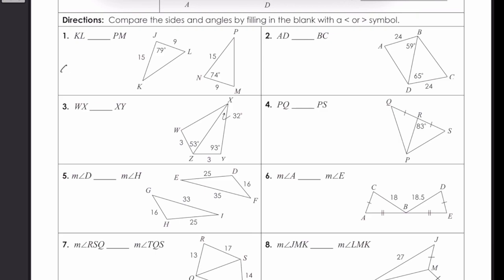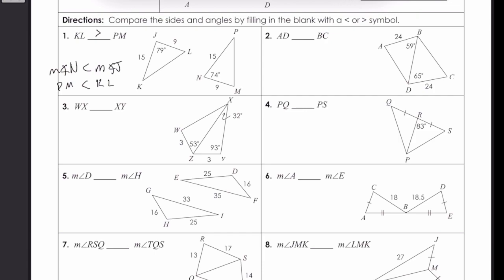So the measure of angle N is smaller than the measure of angle J. And the side opposite N is PM, so that will be smaller than the side opposite of J, which is KL. We know KL is the bigger side, because J is the bigger angle.